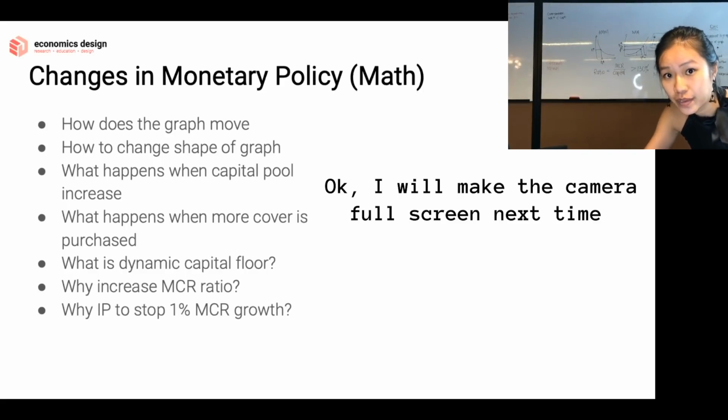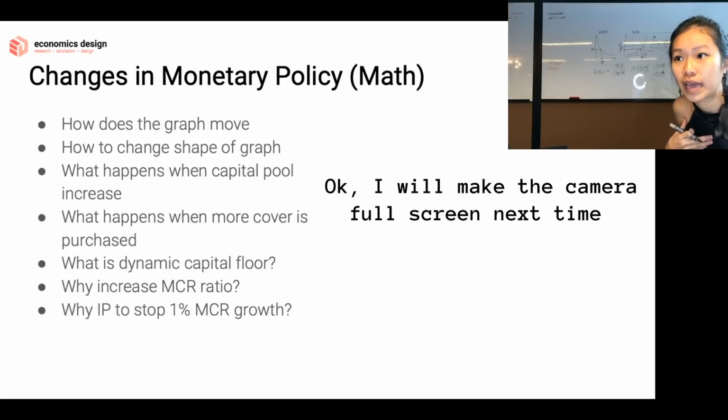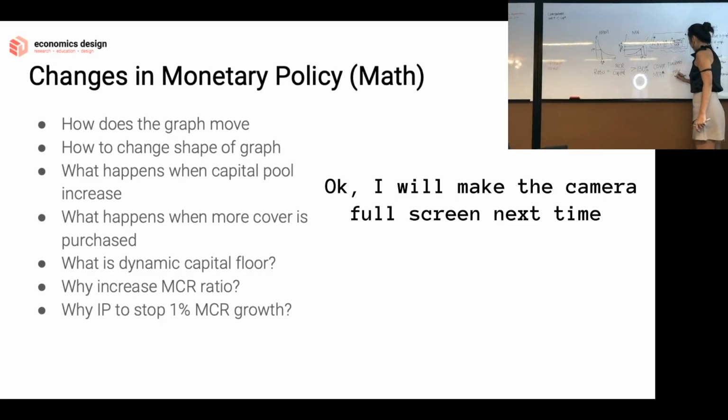At the same time, something else increases. When I'm adding money to buy cover, I'm also adding money into the capital, right? The total capital pool also increases.